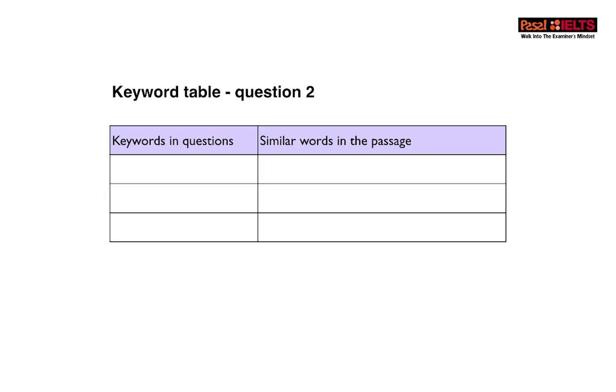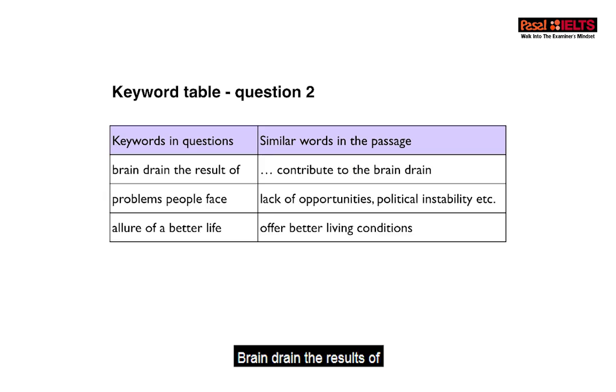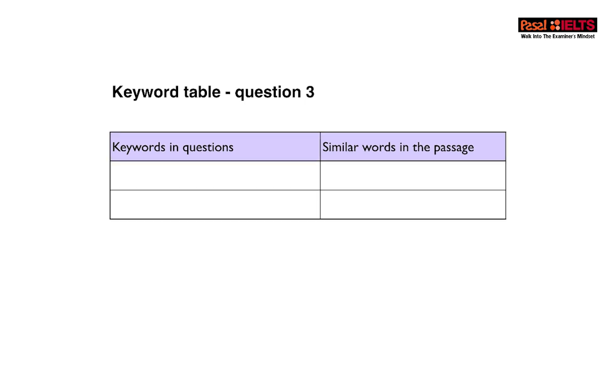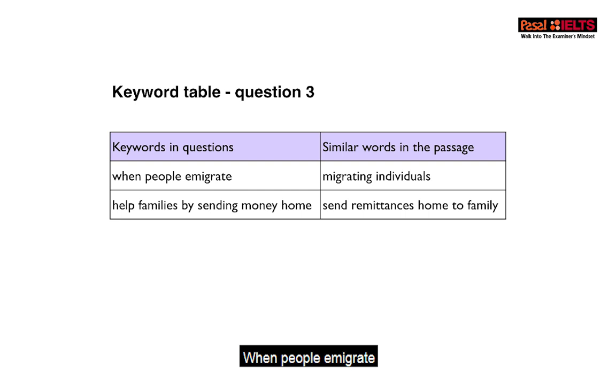Question 2. Brain drain, the result of something, contribute to the brain drain. Problems people face, lack of opportunities, political instability, etc. Allure of a better life, offer better living conditions. Number 3. When people emigrate, migrating individuals, help families by sending money home, send remittances home to family.